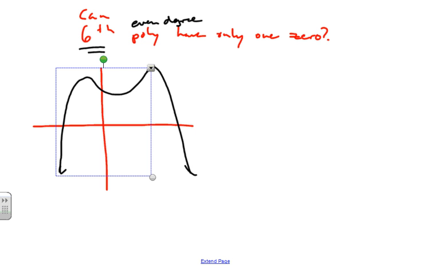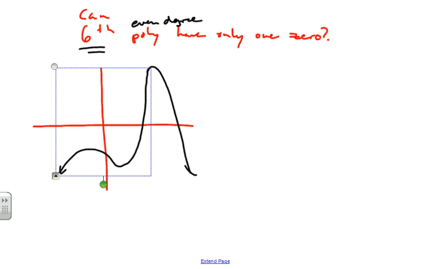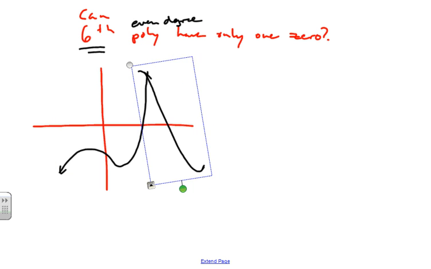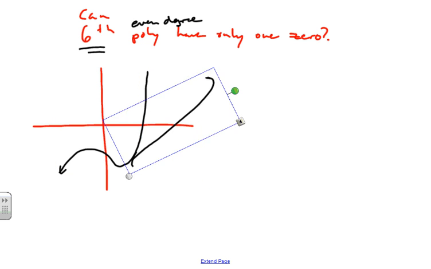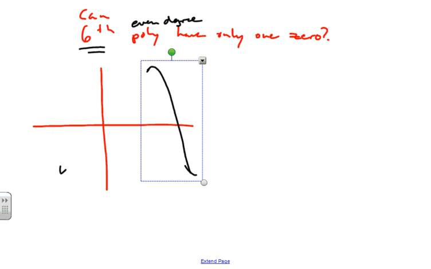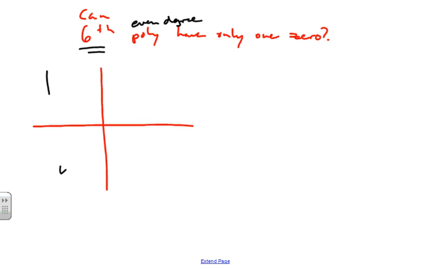If we flip this around and create a positive one, where I go like this and come up, like a 6th degree of some sort, and I try to move it down, it would always have to have at least 2 zeros.